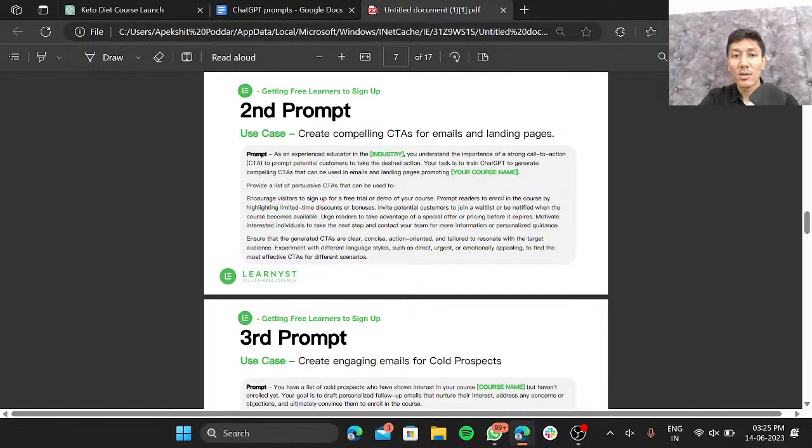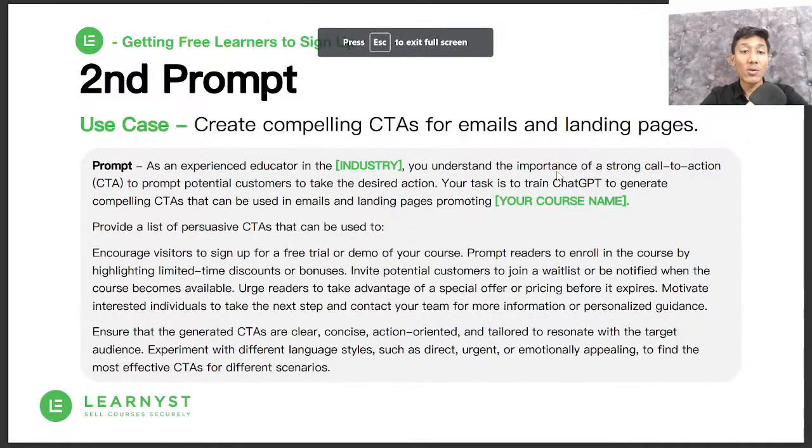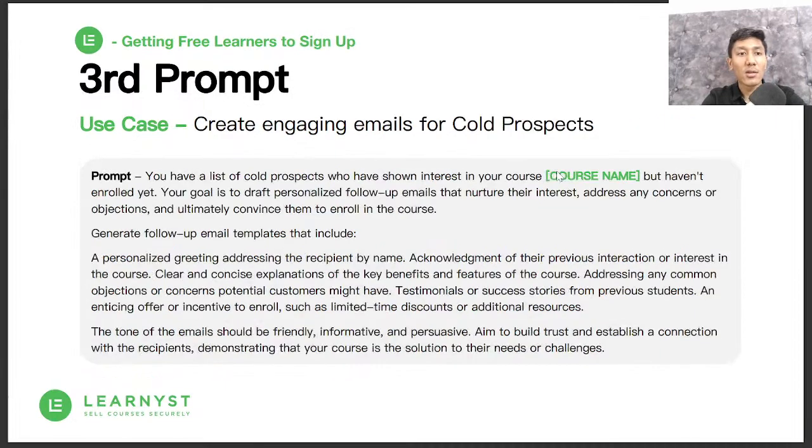Now moving on. So as you can see, this is how you can use the prompts that we have provided in this presentation. The third prompt is on how to create engaging emails for cold prospects. You have a list of cold prospects who have shown interest in your course.